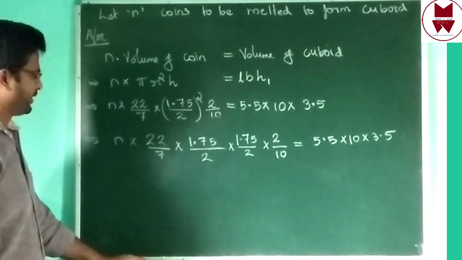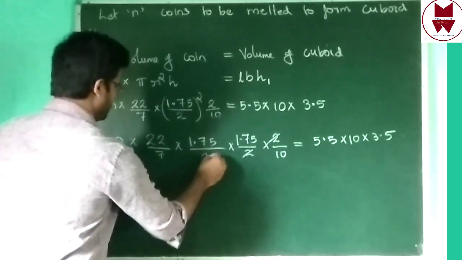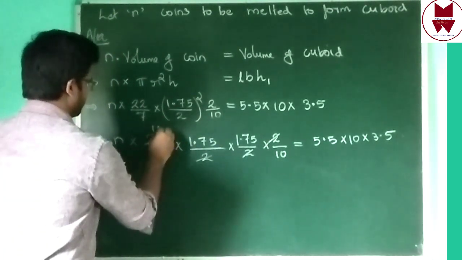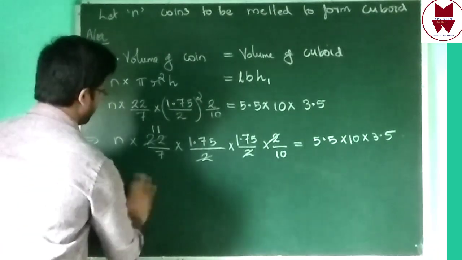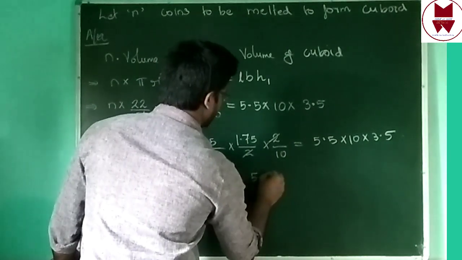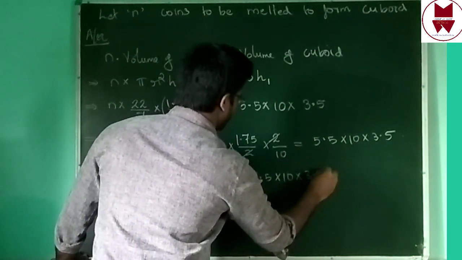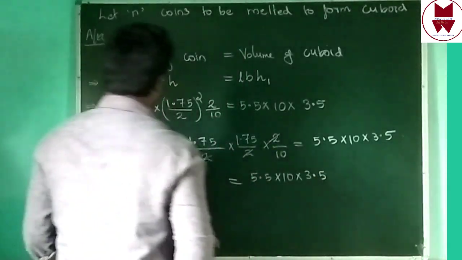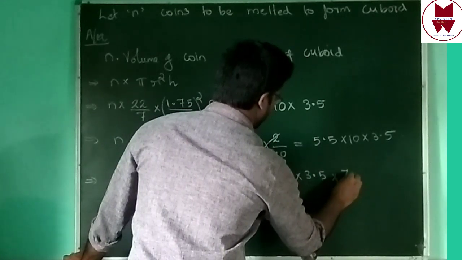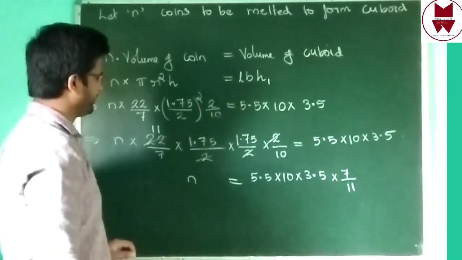From the left side you can cancel this 2 and 2. Then this 2 and 22, 11 times. N equal to 5.5, 10, 3.5, 11/7, we can write 7/11. Take the reciprocal when you bring it to the right side.